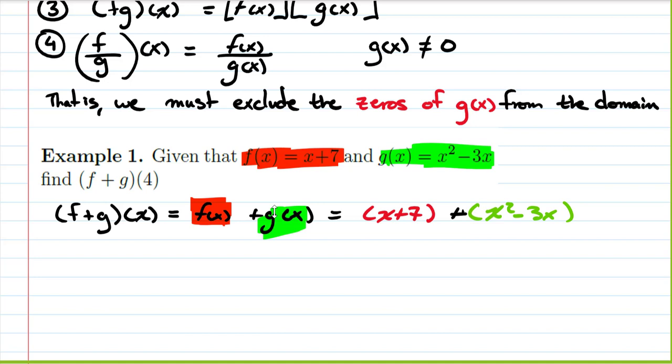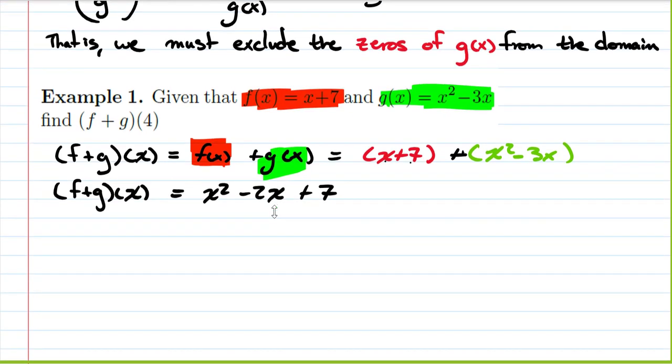Well, now all we need to do is collect our like terms. So f plus g of x is going to be equal to x squared, x plus a negative 3x is negative 2x, and 7 doesn't have any like terms, so plus 7. So f plus g of x is x squared minus 2x plus 7. But it wants us to find f plus g of 4. Well, that means everywhere I see an x, I am just going to replace it with the number 4.